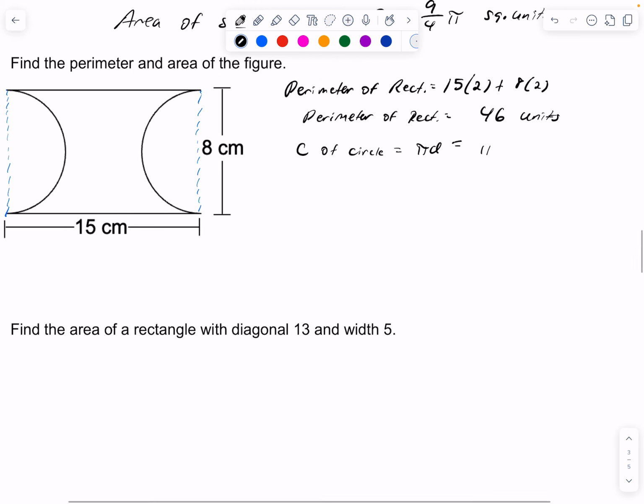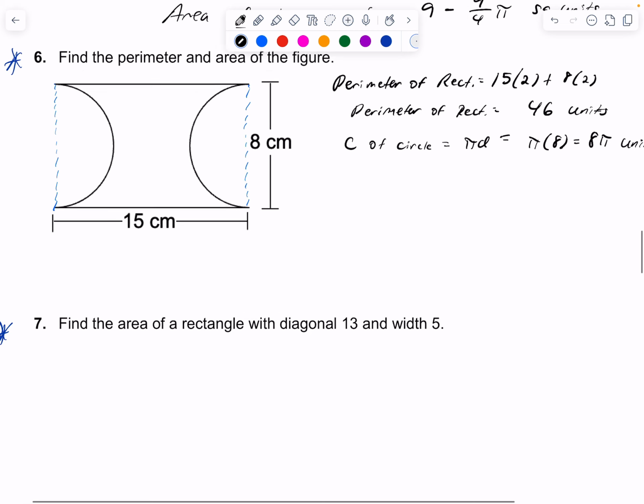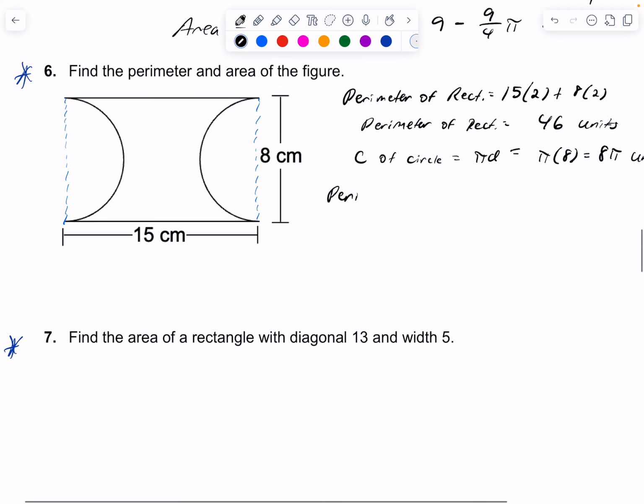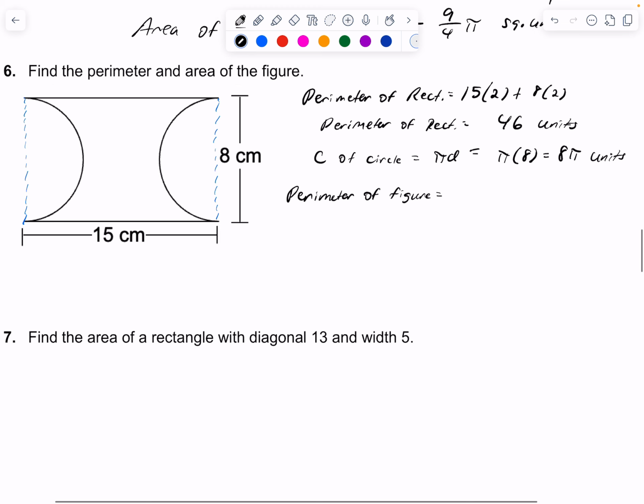So that's pi times 8, which is 8 pi units. So to find the perimeter of the figure, I need to subtract out the circle. So I'm going to do 46 minus 8 pi units. That is the perimeter of this figure.